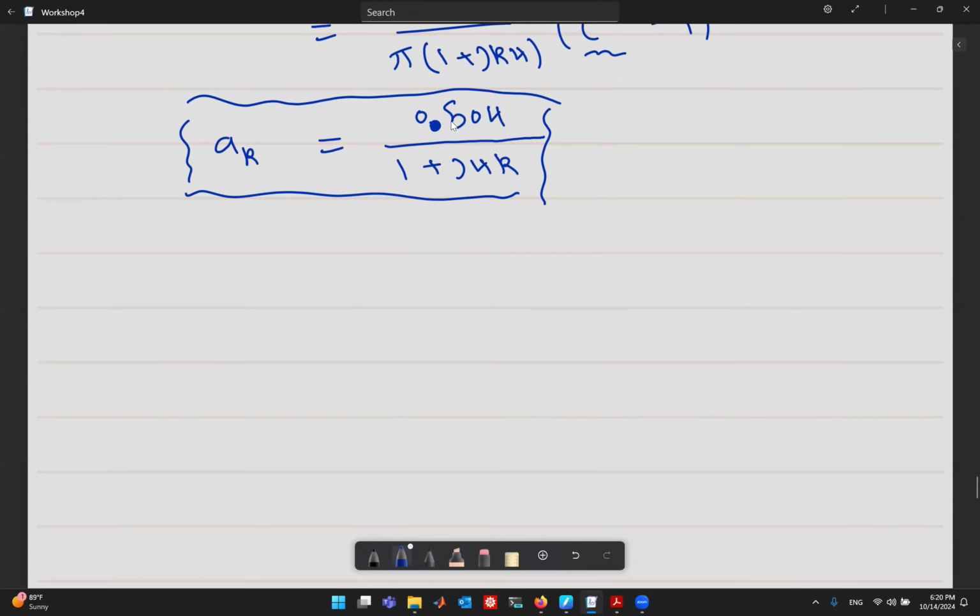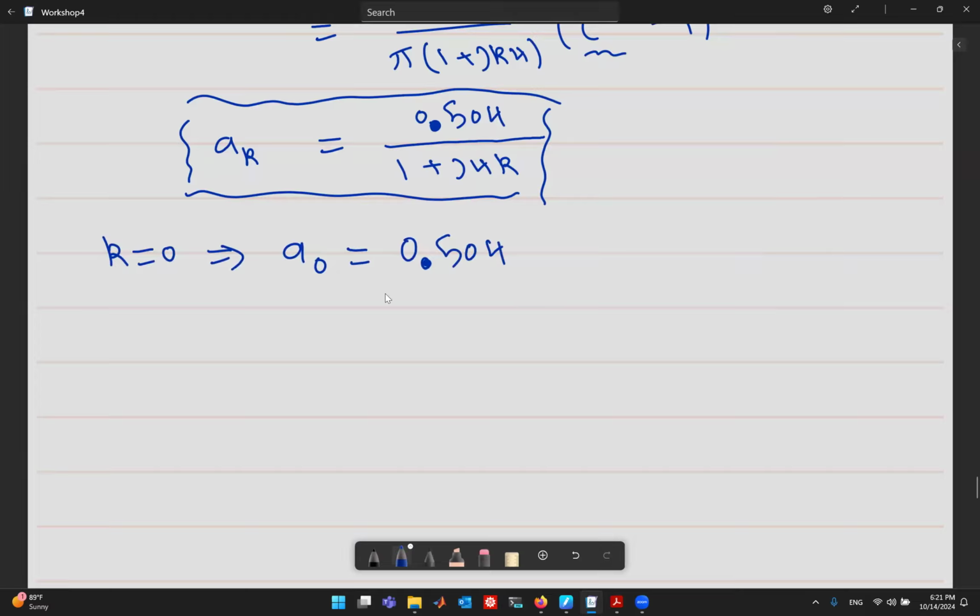You might be asked to plot, let's say, the first few terms of this. Let's say when k equals 0, then a0 will be just the numerator, 0.504.